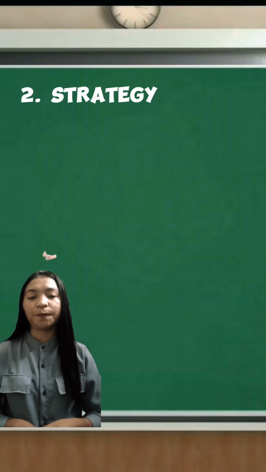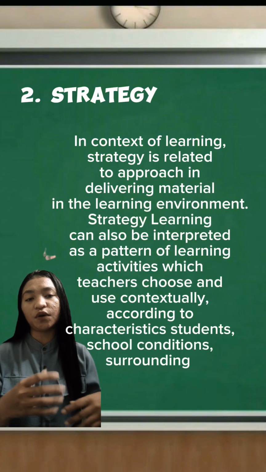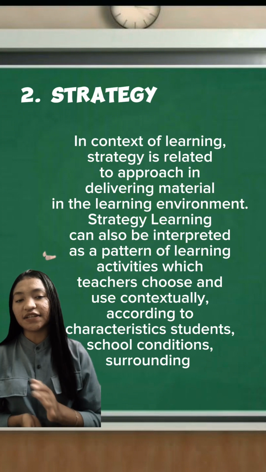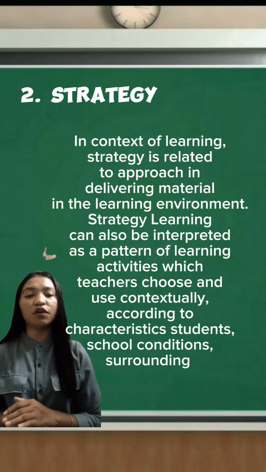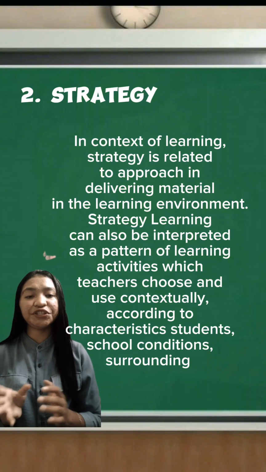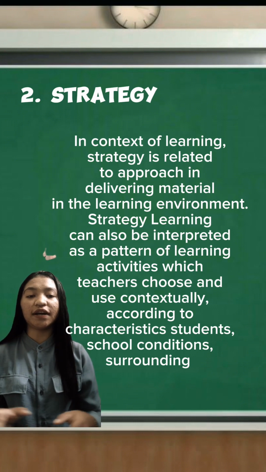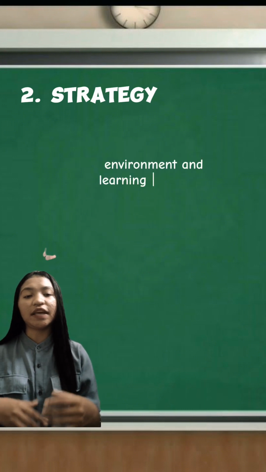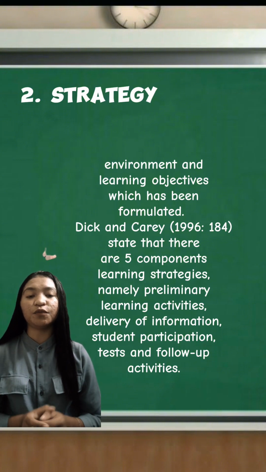Second, strategy. In the context of learning, strategy is related to the approach in delivering material in the learning environment. Learning strategy can also be interpreted as a pattern of learning activities which teachers choose and use contextually according to the characteristics of students, school condition, surrounding environment, and the learning objectives which have been formulated.